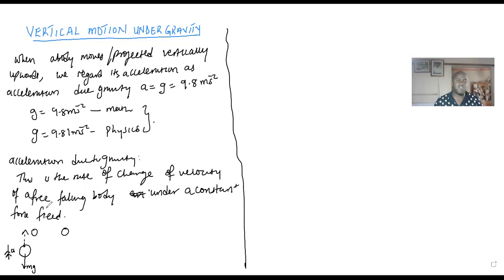Because the motion is upwards, the force overcomes mg to give us the resultant force, which is mass times acceleration. And with this, we shall have negative mg is equal to ma.